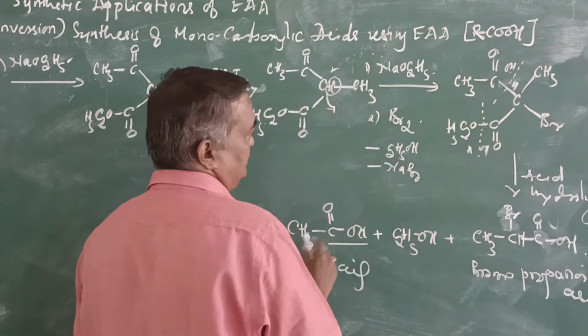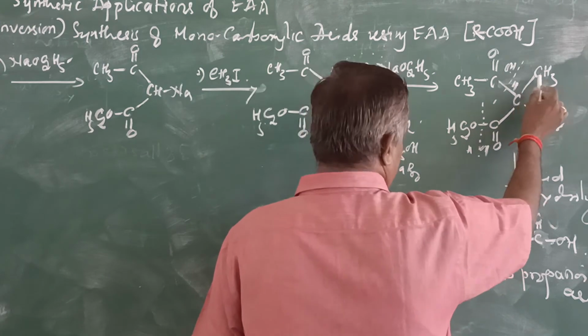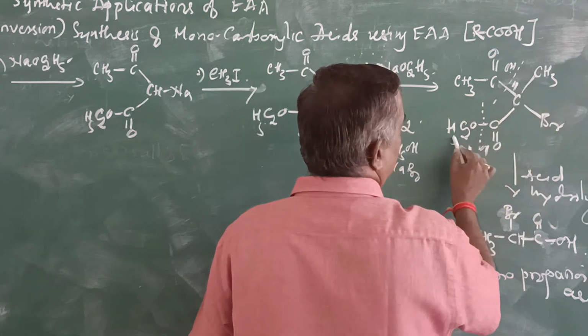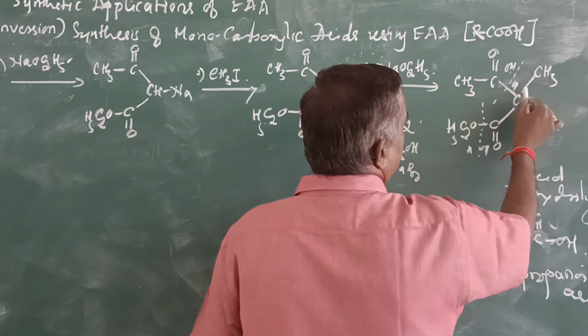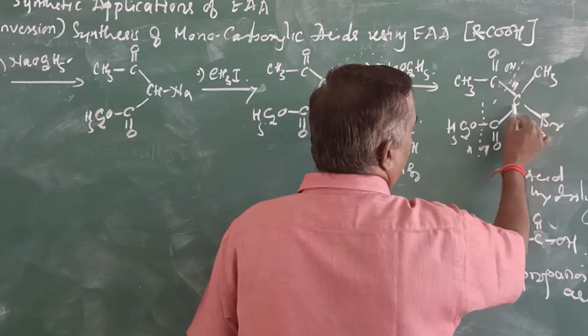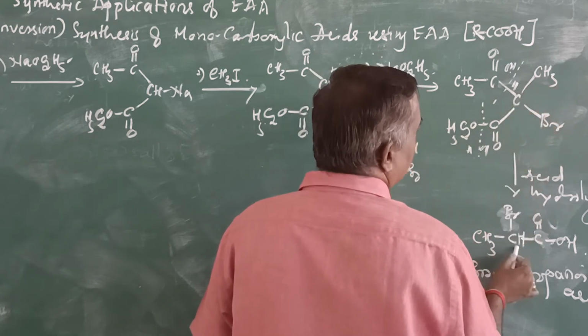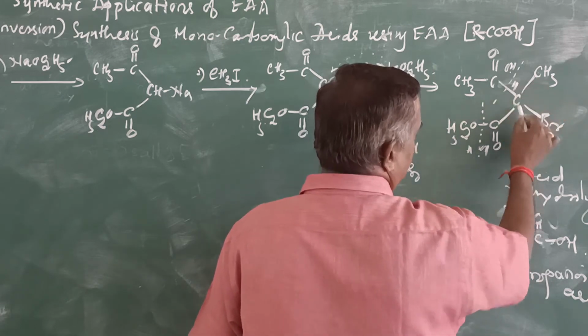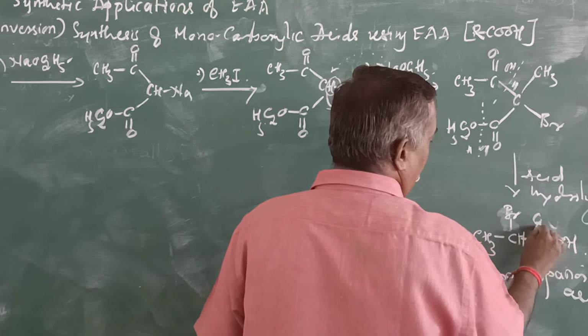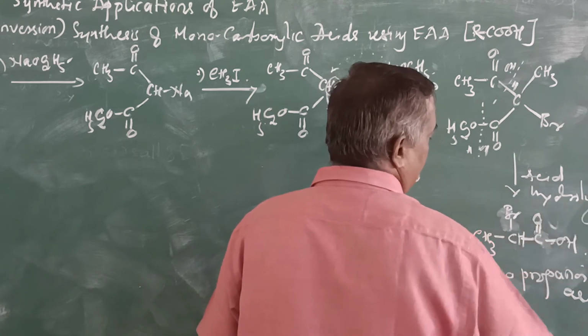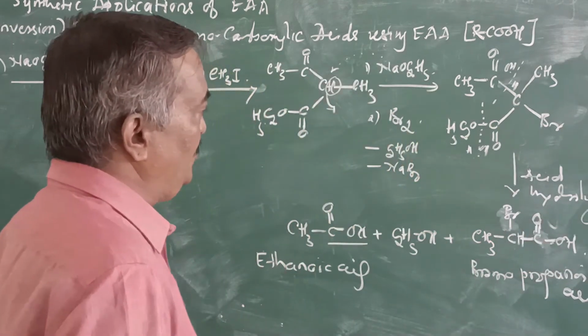CH3COOH, that is ethanoic acid. Then C2H5OH, and the remaining thing is CH3 CH Br, C double bond O, and OH, that is bromopropionic acid.